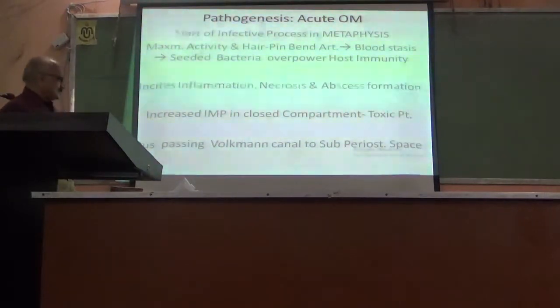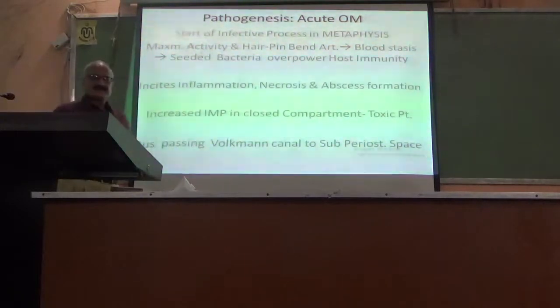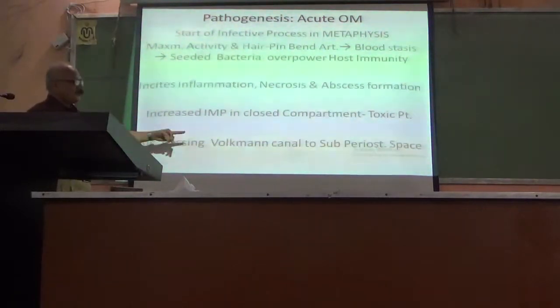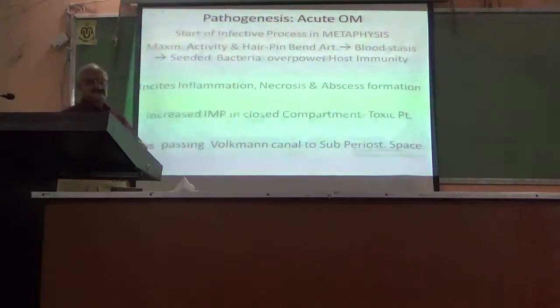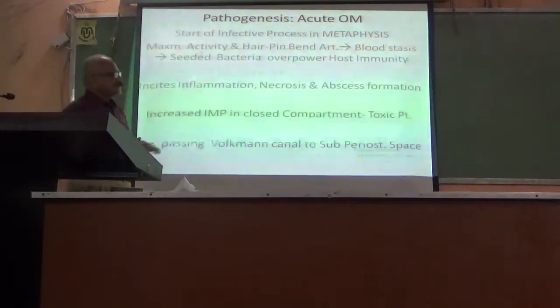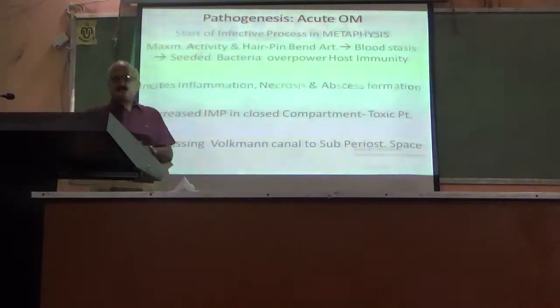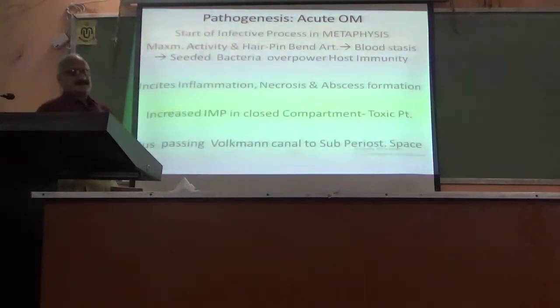And then the pus, which was localized in the medullary canal, passes through the Volkmann's canals and comes into the subperiosteal space. So this, in a nutshell, is the pathogenesis of acute osteomyelitis.